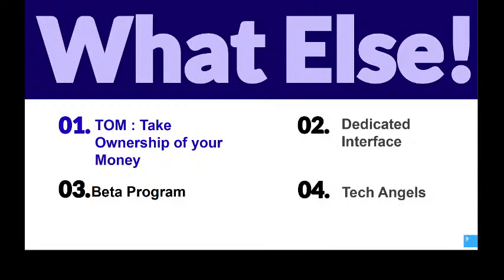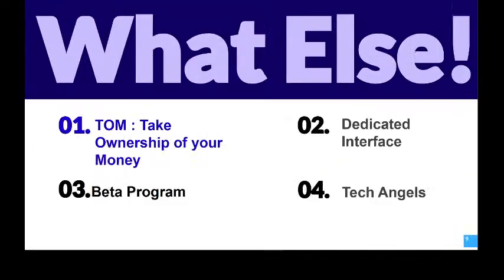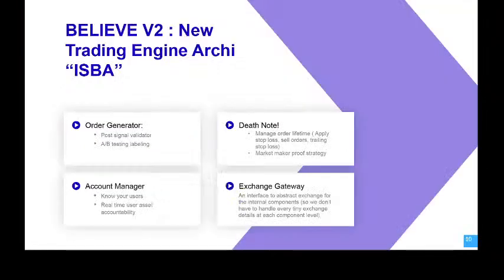So we have talked about the lessons, but now I will talk about something else, which is how we are going to tackle the issues we have talked about in the previous slides about V1. So we have created a new internal product, which is our trading engine, and we call it SAIXVE.